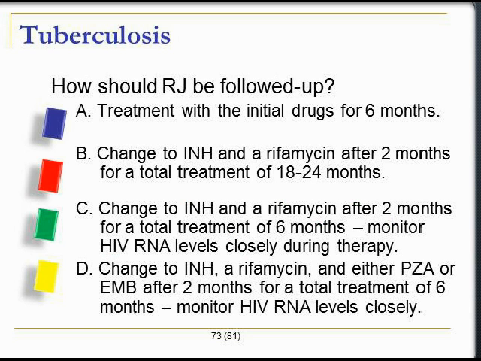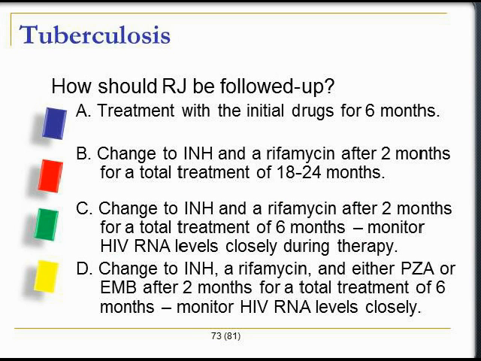And then how long should RJ be followed up? Again, the treatment is the same for HIV-positive patients as it is for negative. So the treatment is 4 drugs for 2 months, followed by 2 drugs for 4. Treatment with the initial drug for 6 months, change to INH and rifamycin after 2 months, then treat for 18 to 24.